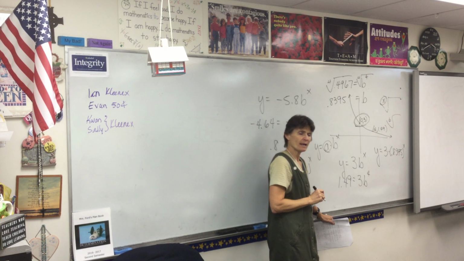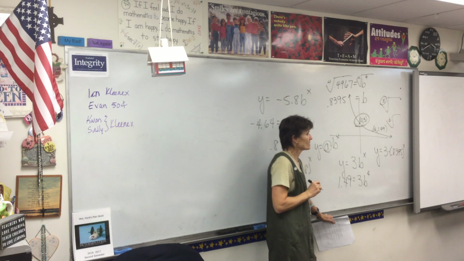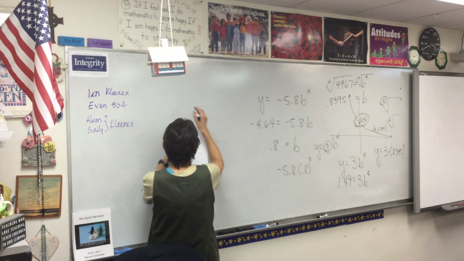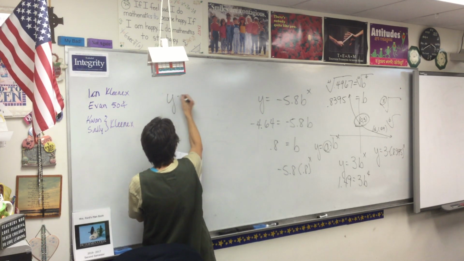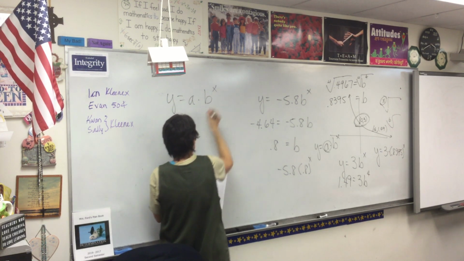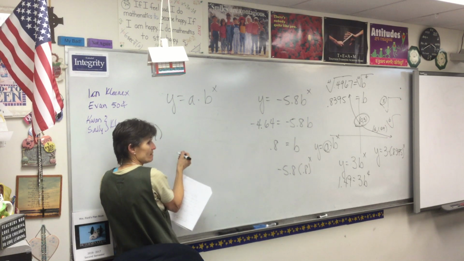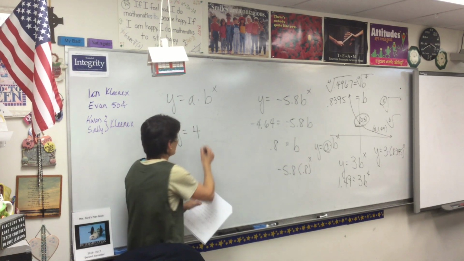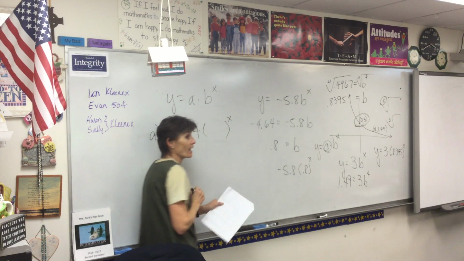And what do we call a? It is called the initial value. So in the problems here, where it says the initial value is 4, doesn't that mean I'm going to start with 4 times something to the x?